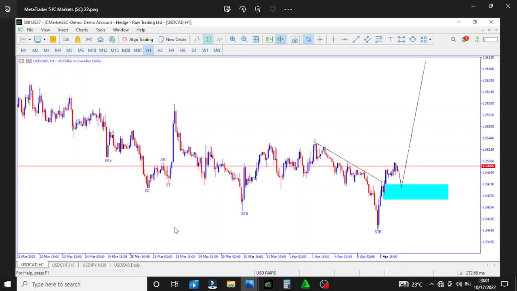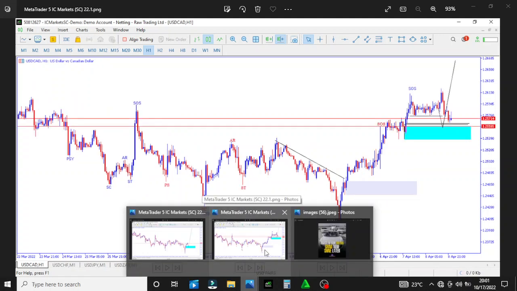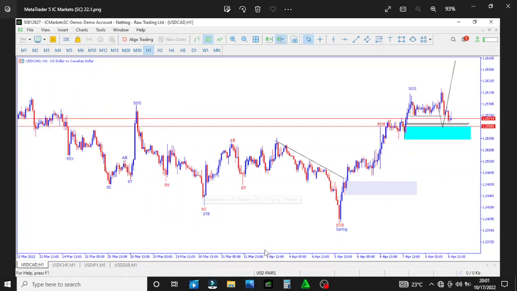So yes guys, let me show you the first screenshot. Here's the first screenshot, an accumulation. This is a spring, and these are the after screenshots. So let's get to the charts guys.